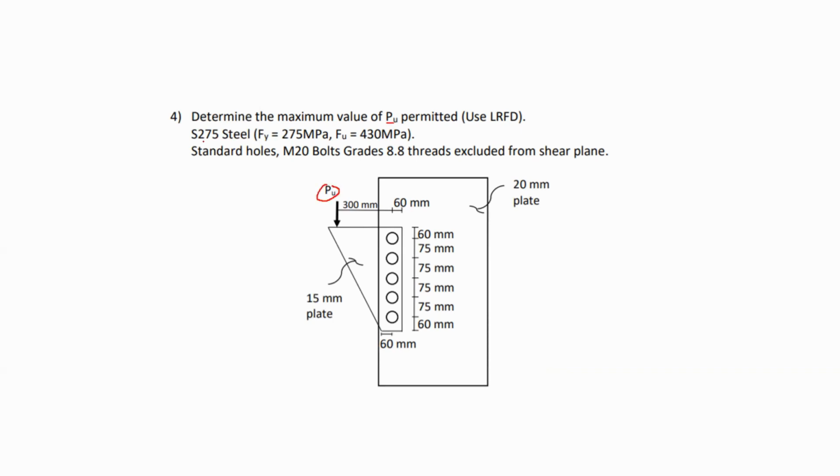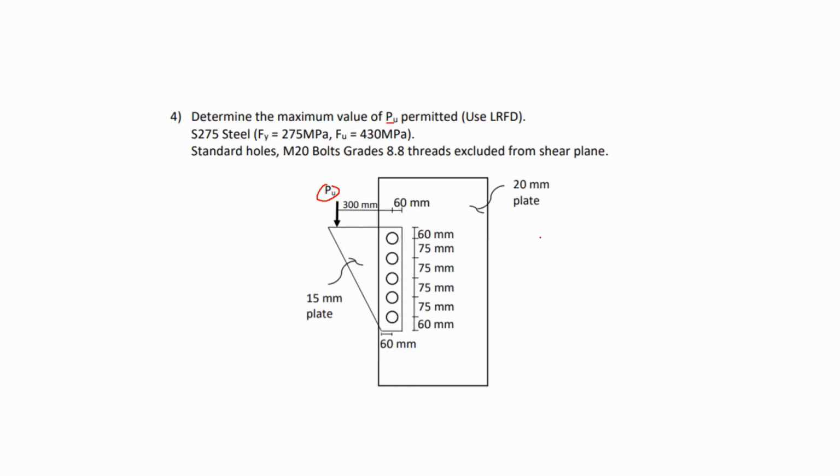And we have to consider that we have S275 steel for the plates that are connected. And we have the standard holes. We have M20 bolts, grade 8.8, threads excluded from the shearing plane. Now we have all this information, and we have to basically find what is the maximum PU that is allowable to be applied without causing a failure of our connection.